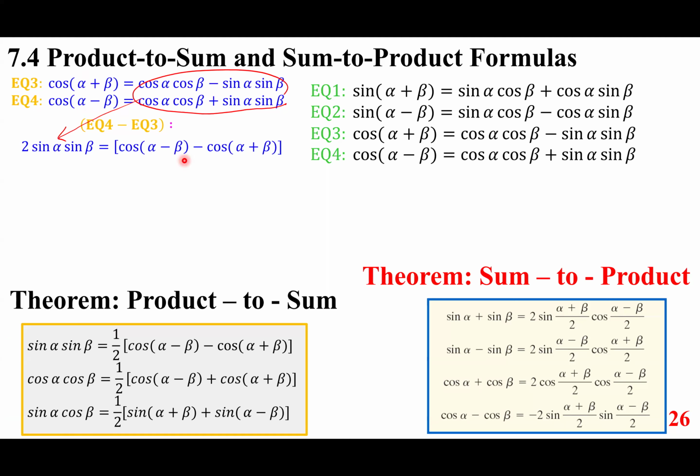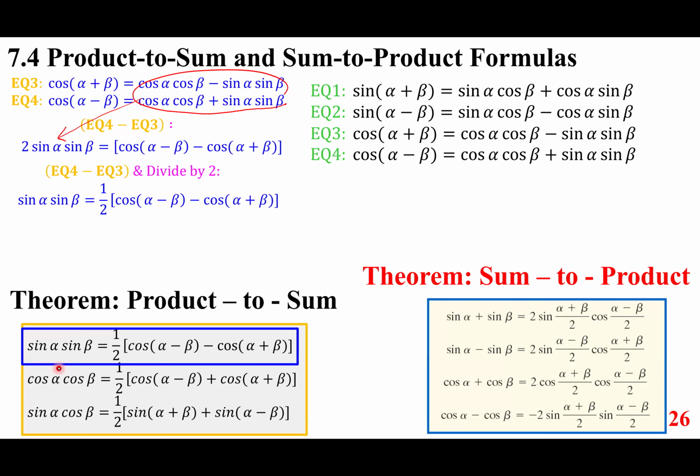Now, if I divide both sides by 2, this goes away, and this becomes half of that, and this is the formula we have here. Sine alpha sine beta is 1/2 cosine of alpha minus beta minus cosine of alpha plus beta. So we proved one of them, and you can try the other two in the same manner, or you can look up the lecture.